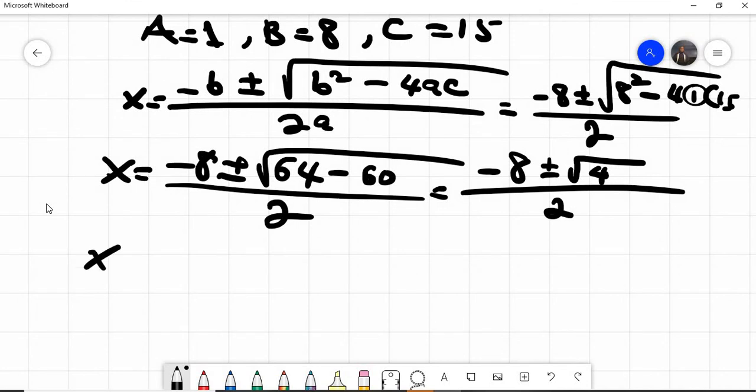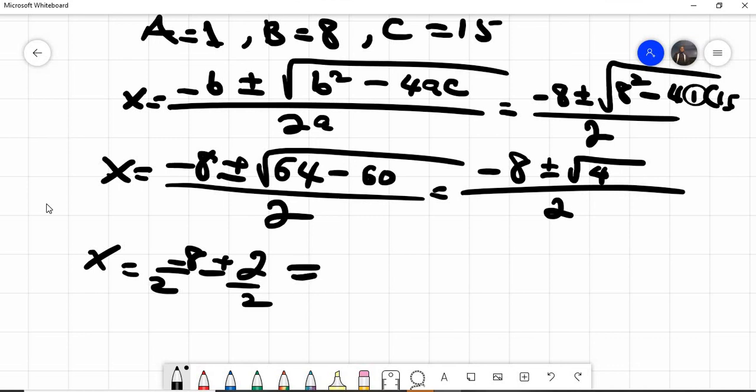So x equals minus 8 divided by 2 plus or minus square root of 4, which is 2, over 2.